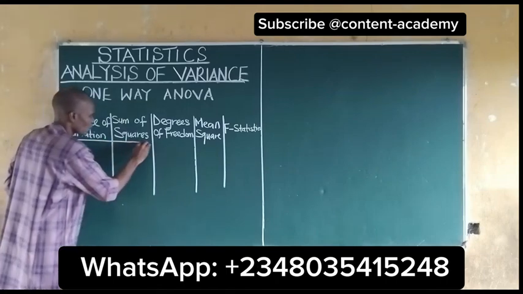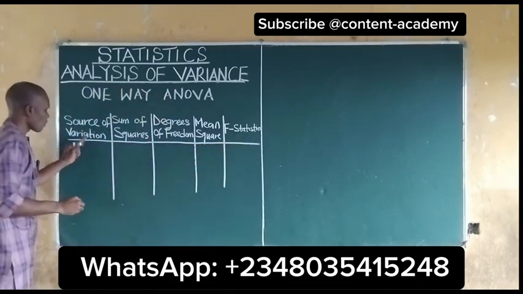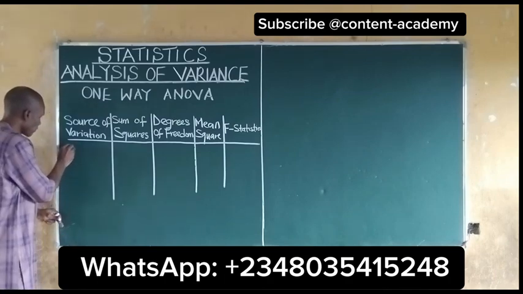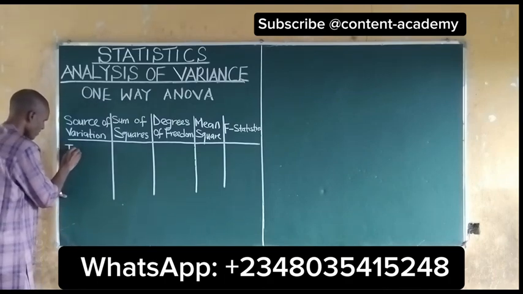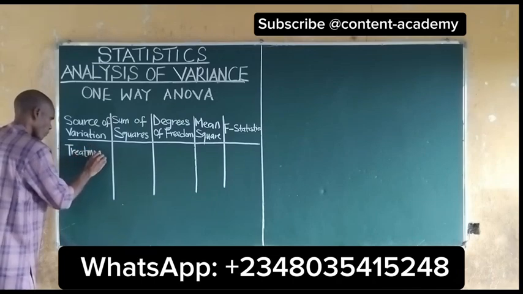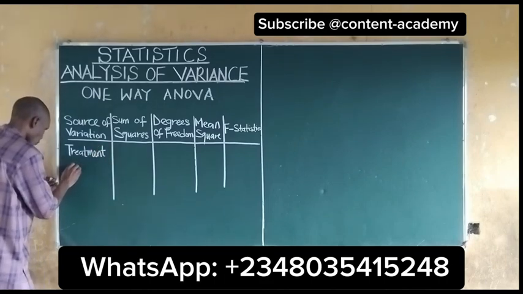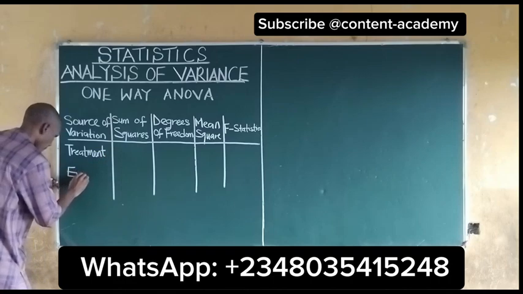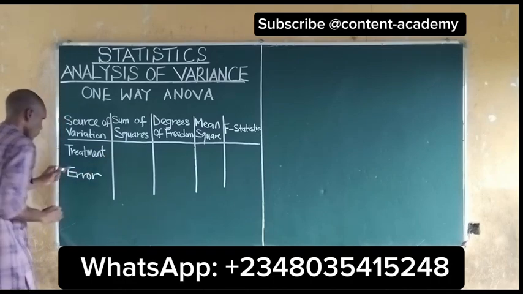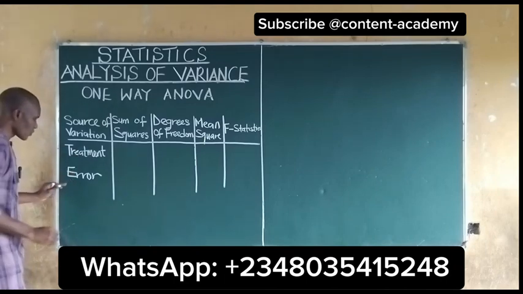The next thing to do is to rule our lines. For the source of variation, we have the treatments, and we also have the error. This is between the groups, and this is within the groups.